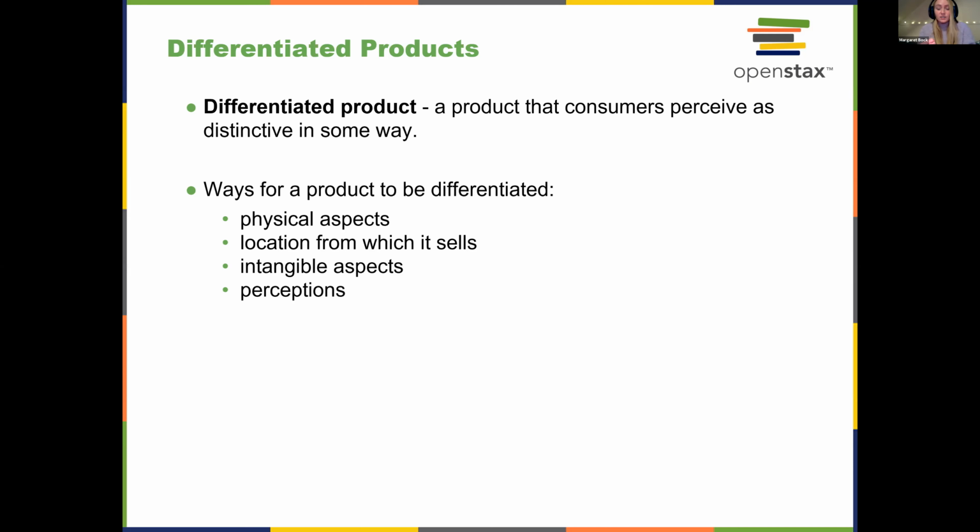Monopolistic competition is a little bit different from that in the fact that, yes, there are still many firms in a market that is monopolistically competitive, but each firm is selling a product that is slightly different or differentiated from one another.